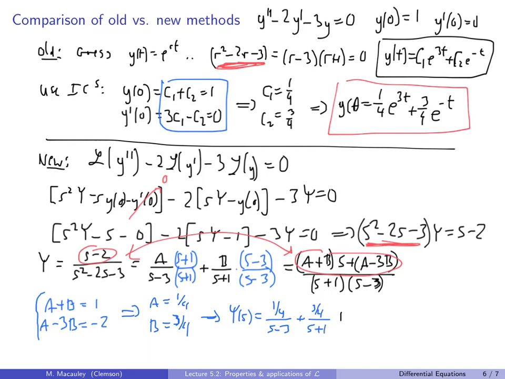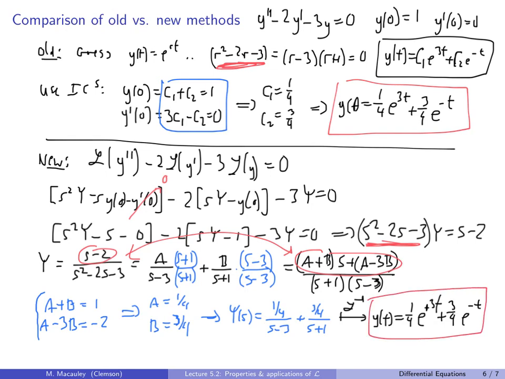So when we compute the inverse Laplace transform of this, we get our final solution, y of t equals 1/4 e to the 3t, plus 3/4 e to the minus t. Oh, I realized that should be positive 3t, and this one is going to be minus t.